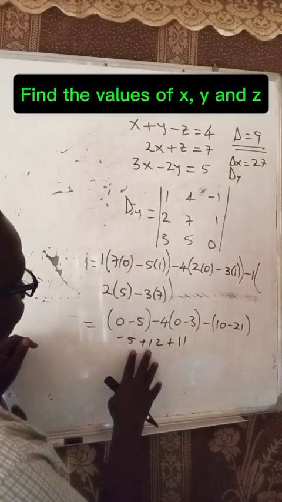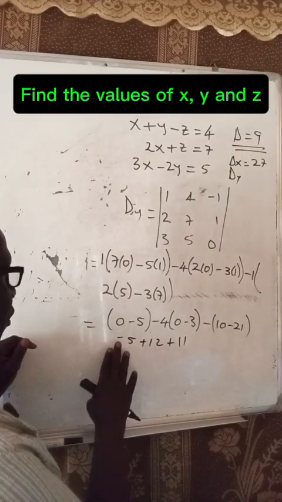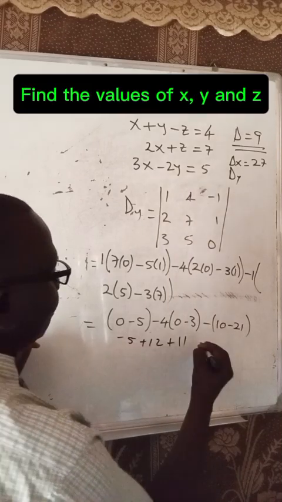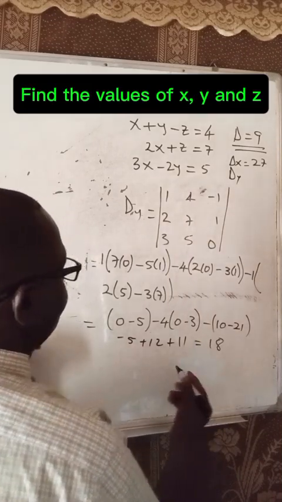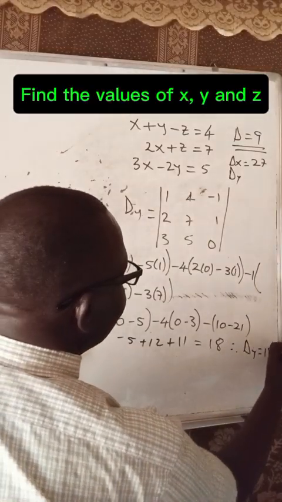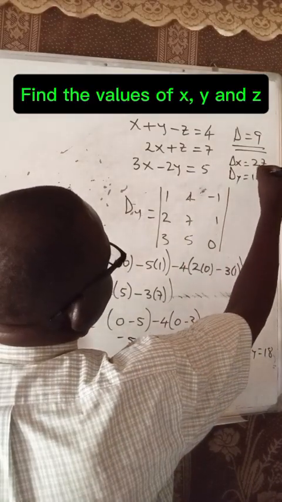Negative 5 plus 12, you get positive 7. Positive 7 plus 11, you get 18. Therefore, Dy is equal to 18.